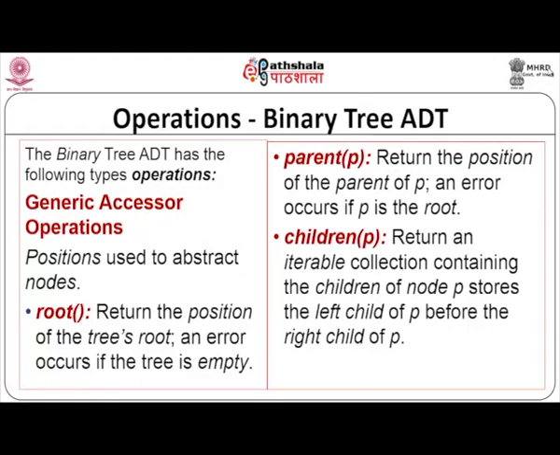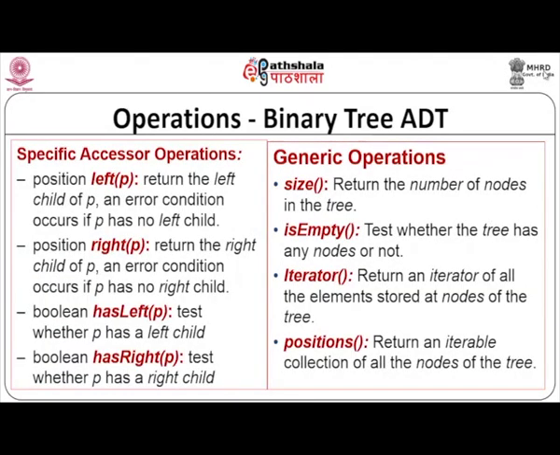I think this is fairly understandable. Children of P returns an iterable collection containing the children of node P, and stores the left child of P before the right child of P. This is assuming it is an array, we will come into this later. But anyway, it returns 2 children. Then you have specific accessor operations.